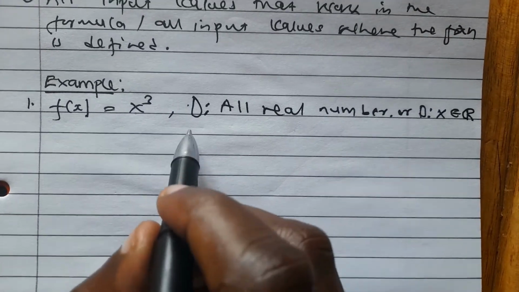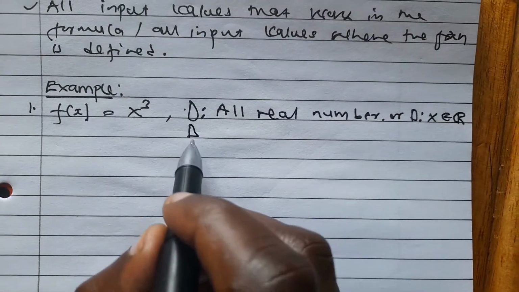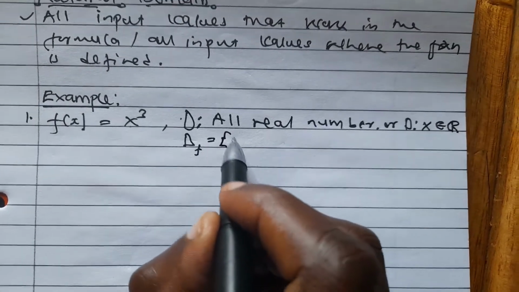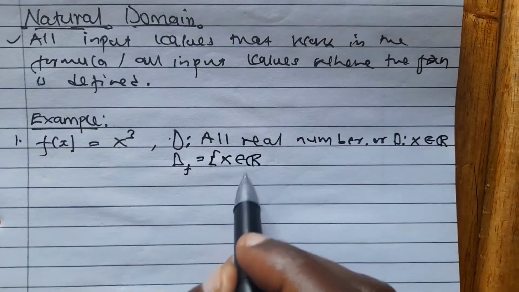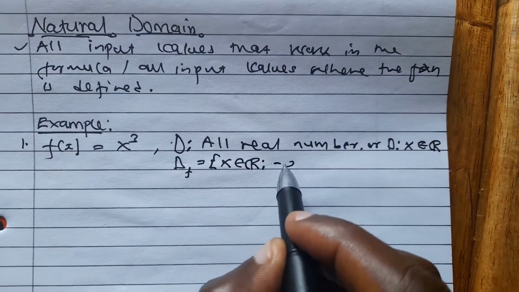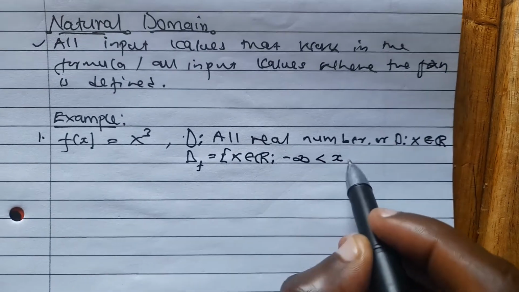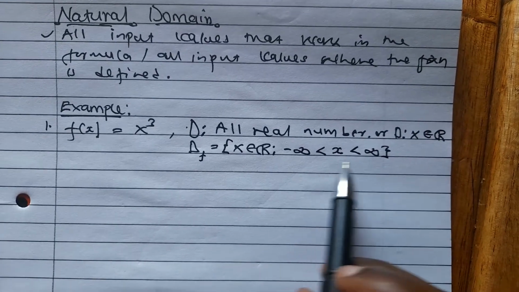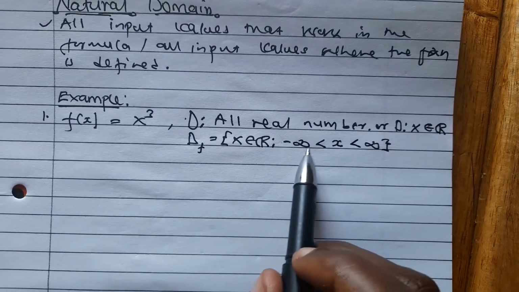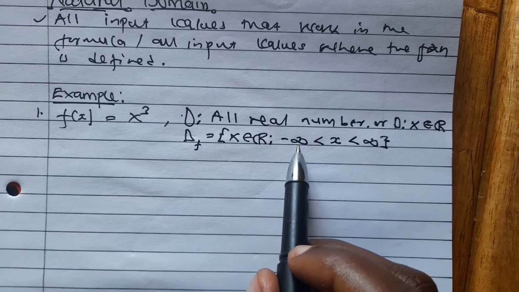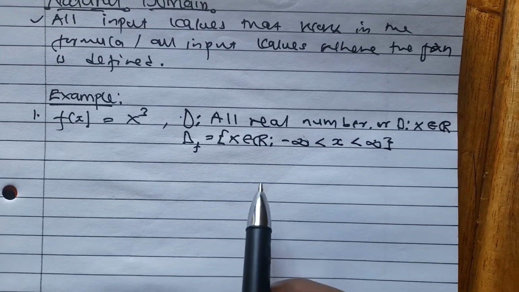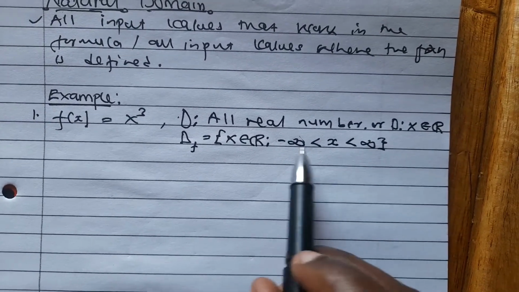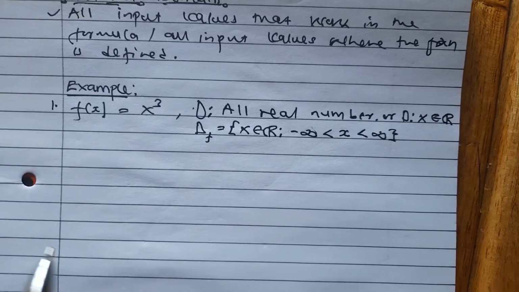So we can again write the domain of the function f as the set of x, where x is in the real numbers, such that negative infinity is less than x less than infinity. Negative infinity is not included and positive infinity is not included, but anything in between them is included in the input.